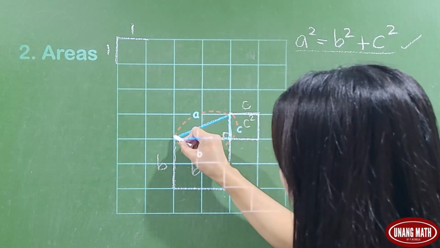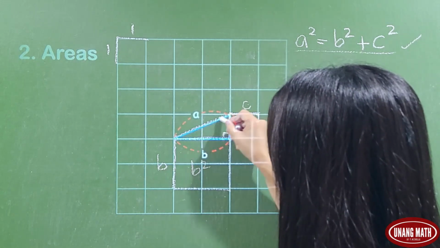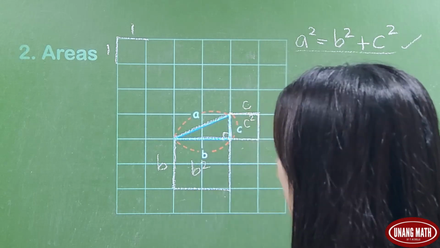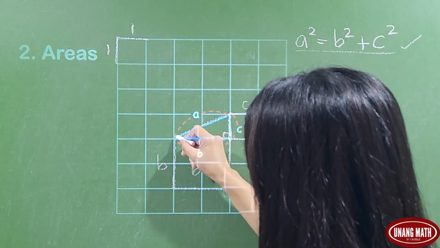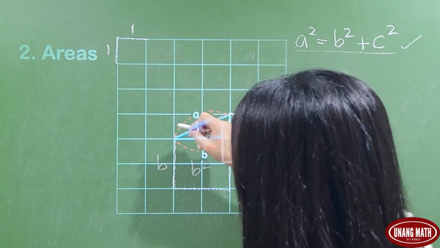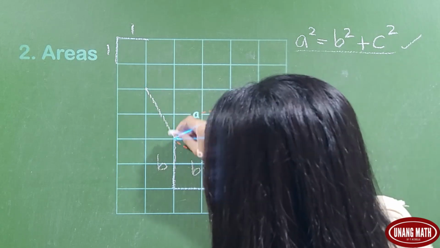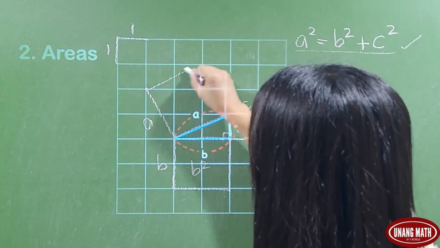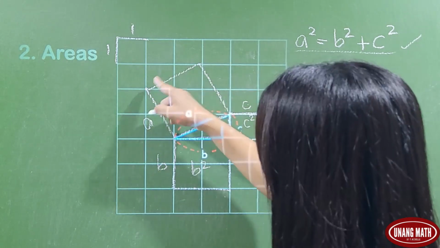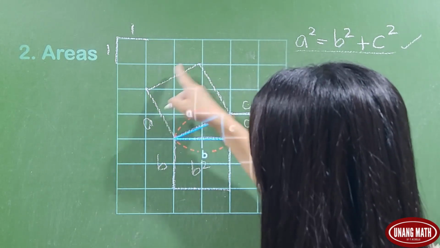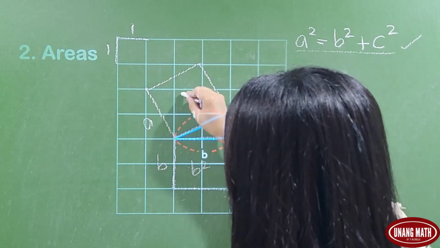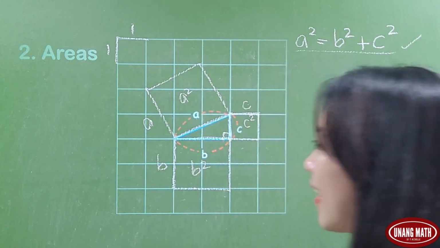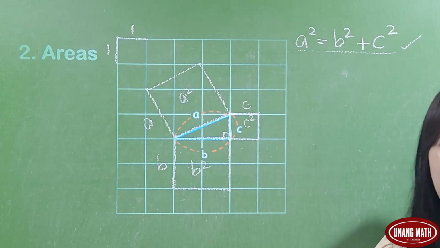Now what about this side, the hypotenuse of this right triangle? If this side is a, then this side is also a, and that means the area of this square is a times a, so it would be a squared.